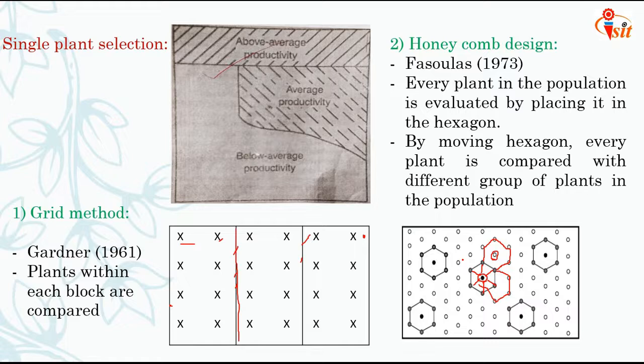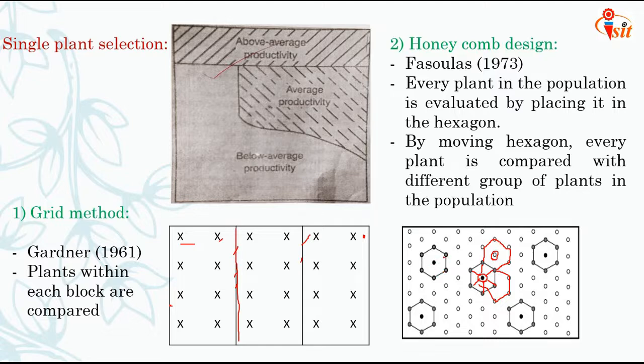So one hexagon is formed and placed on a plant, and the plant inside is compared with the plants present on the edges.